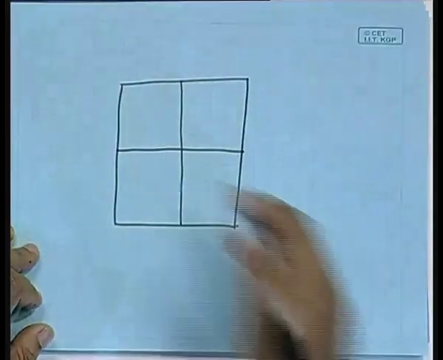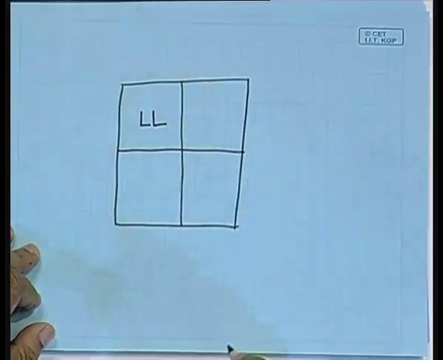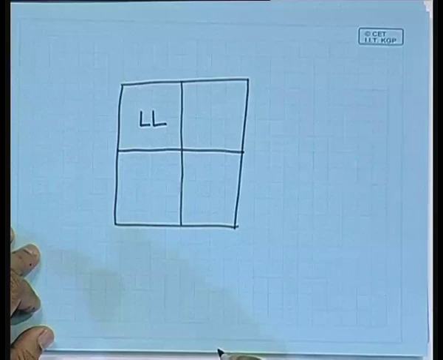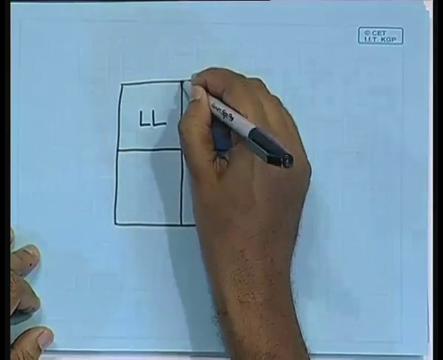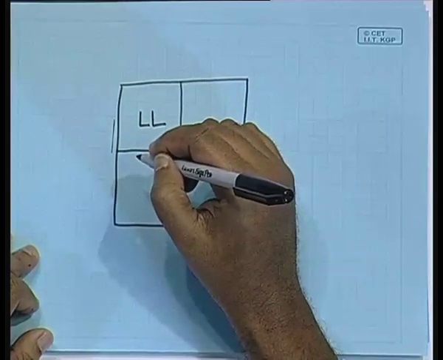I call this LL. LL will occupy only 1/4 of the image space, because it is decimated by a factor of 2 in both the horizontal and vertical directions.